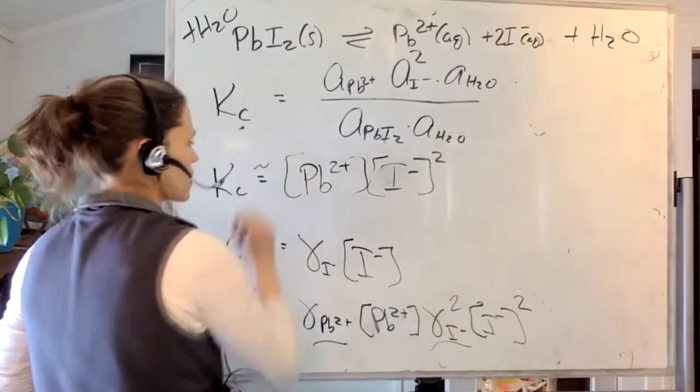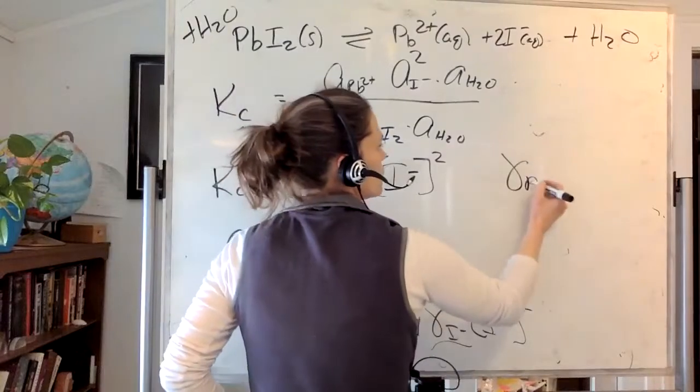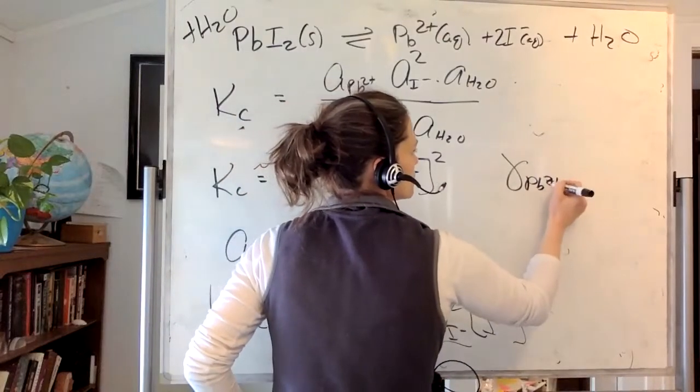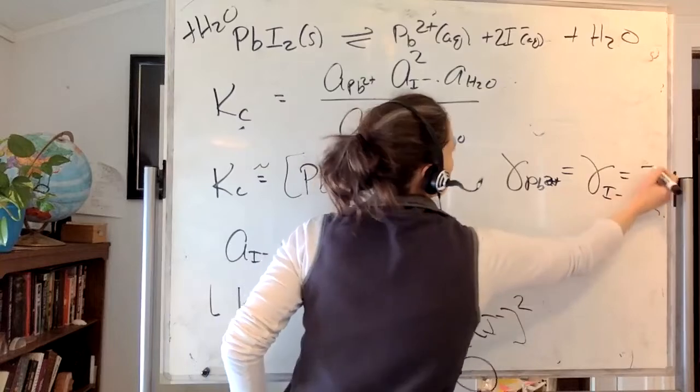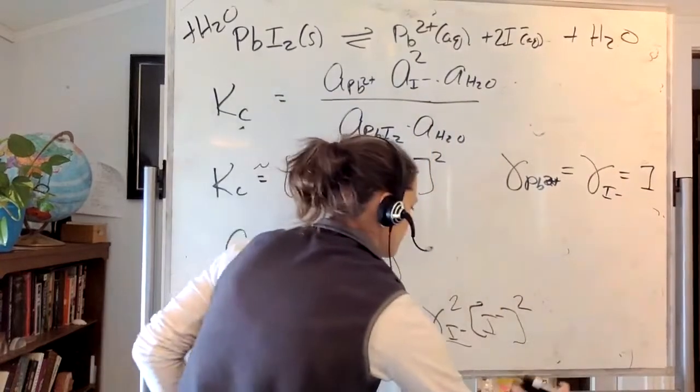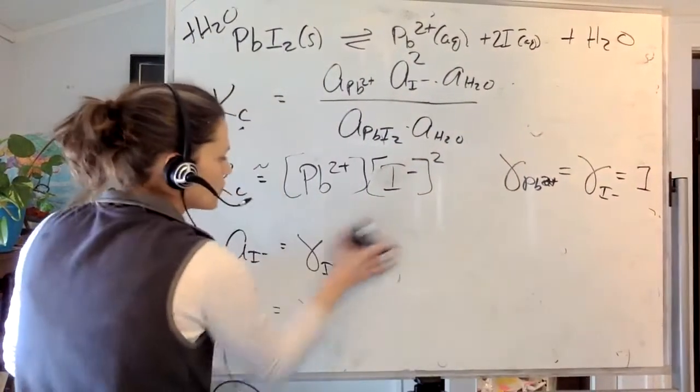So I'm going to say this is approximately equal to Pb2+ and I minus.